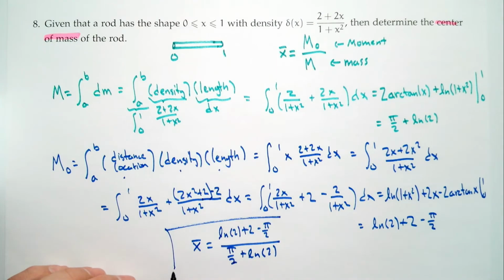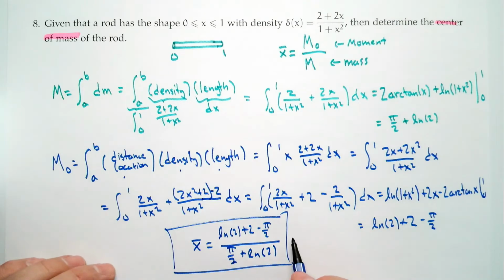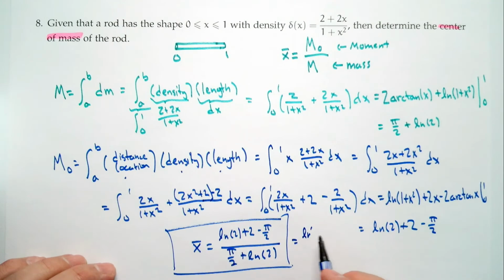Yeah, we're done. There's not really much you can do with that. If you really wanted to, you can multiply top and bottom by 2 to get rid of your fractions. So you could, for instance, if you wanted to, this is the same as natural log of 4 plus 4 minus pi over natural log of 4 plus pi.